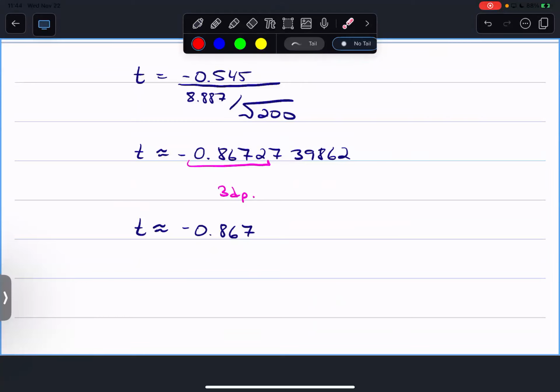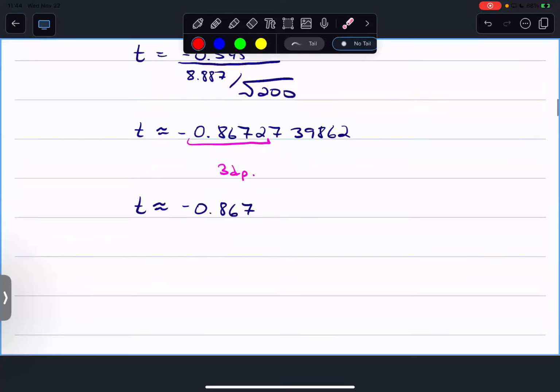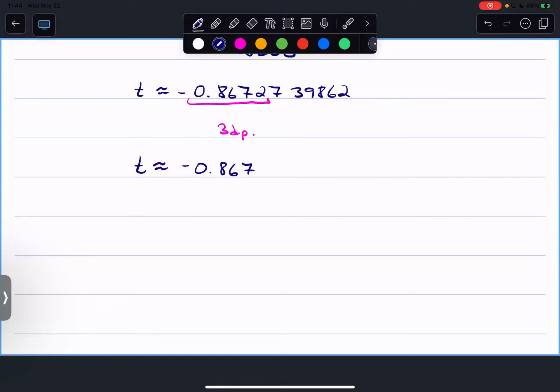That's not very far at all. So already we're gearing up to not having enough evidence to reject H naught. Just from this T, we have to have the p-value to back it up, but already we've got a good idea of where our conclusion is heading.